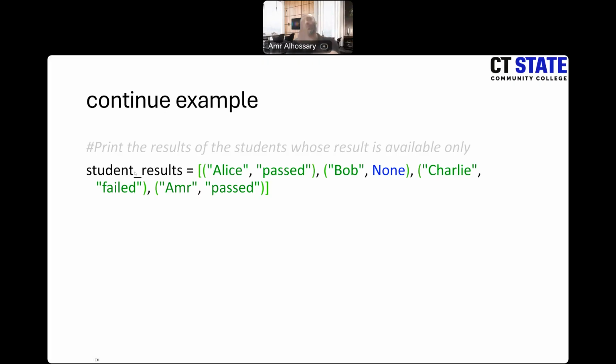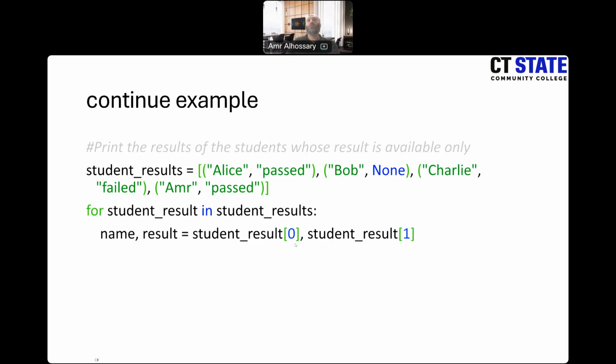In a list called student results, we iterate over the results to print only the available values. For student result in student results, this is the iterator variable, and this is the whole container. So we have the iteration variable, call it student result. It's itself a tuple.